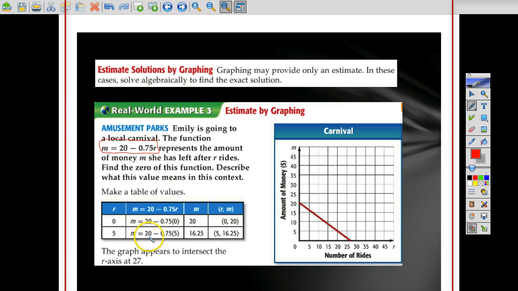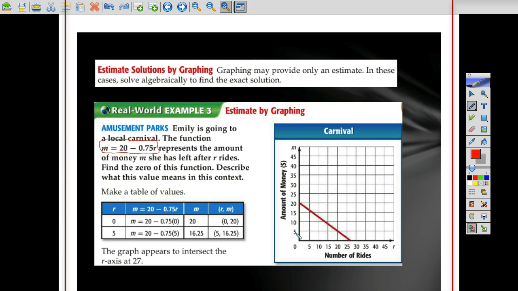Take that away from 20, and you get 16.25. So 5 and 16.25. So there are the 2 points. So 0 and 20, and then 5 and 16.25. So the point should be right about here. And you connect the 2 points, and you have a nice line.